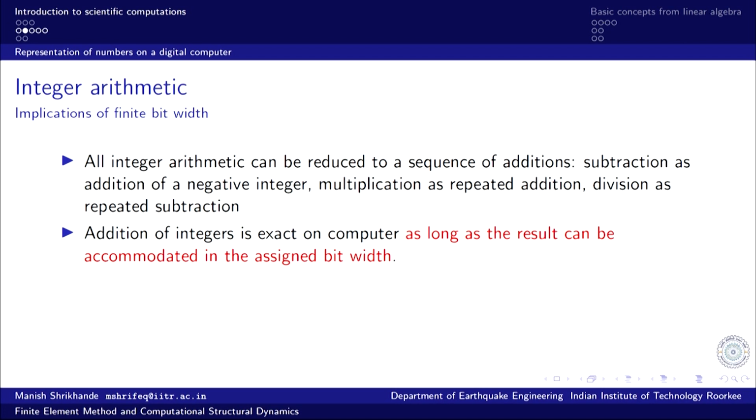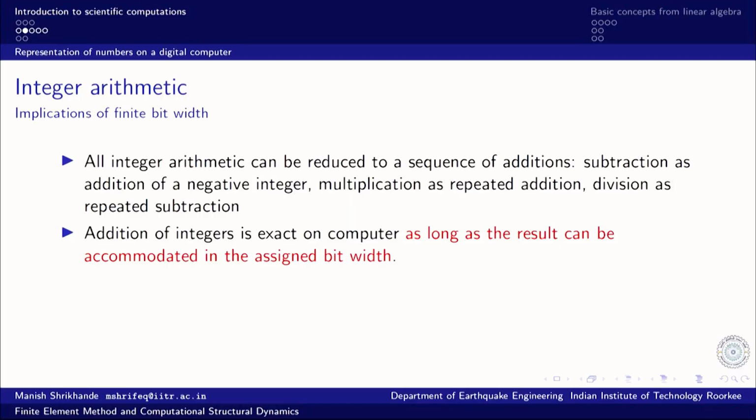So, addition of integers is exact on computers. Integer arithmetic is exact, there is no error whatsoever as far as the addition operation is concerned, as long as the result can be accommodated in the word length, the bit width, that we have assigned.